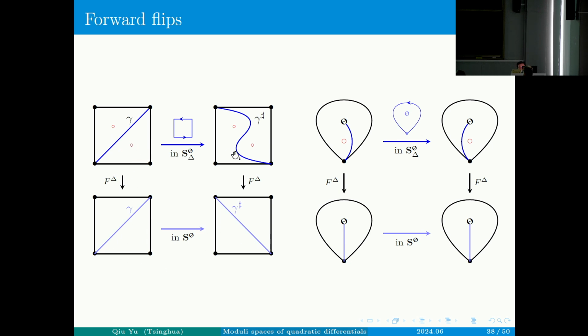But you can also have decoration to flip. Then the flip will have orientation. And for the self-folded triangle, usually people say you cannot flip at this edge, but you can if you have decoration. And the covering is the forgetful map.